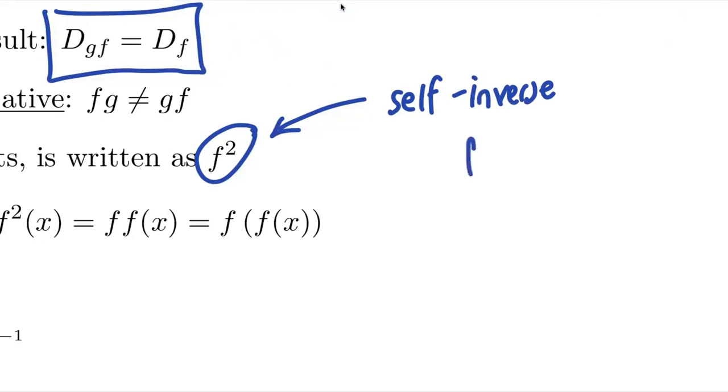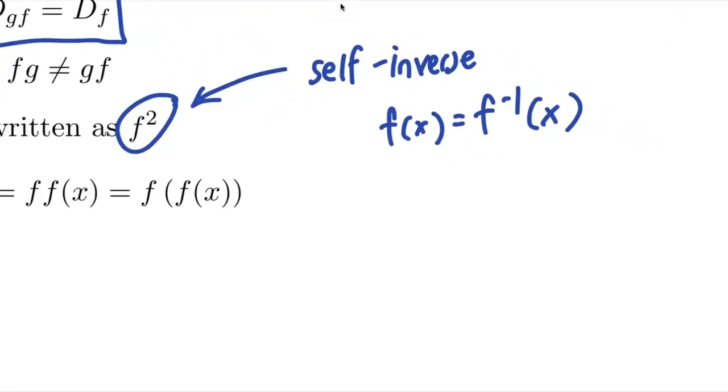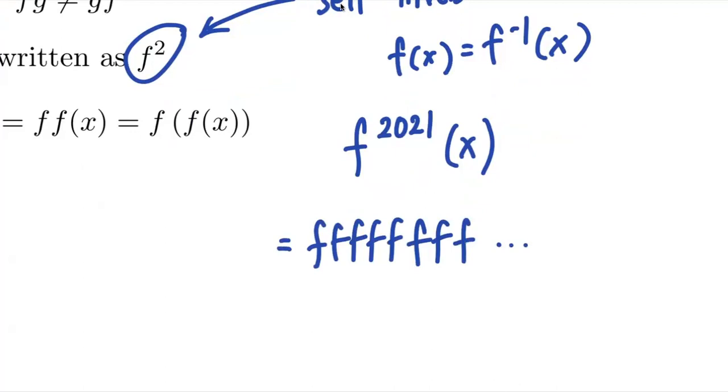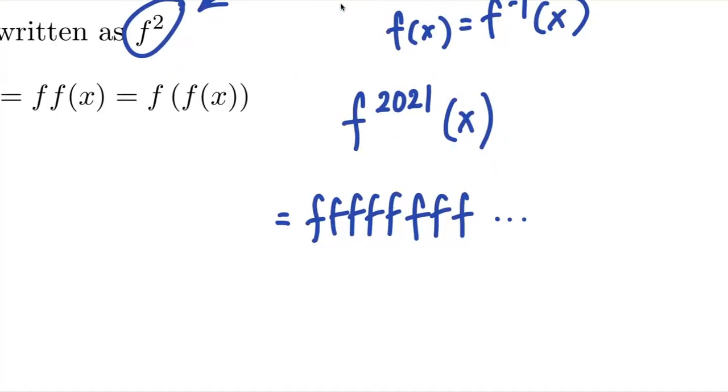I cannot give you an example now. Later at the back, we'll look at the question together. So f is equal to f inverse of x. The questions that will test this concept are like this. For example, I want you to find the value of f to the power of 2021. How do you solve this kind of question? The strategy is this. Remember, when I say f to the power of 2021, I mean f, non-stop. But because we know that there is self-inverse, we're going to replace every either odd or even f with f inverse.